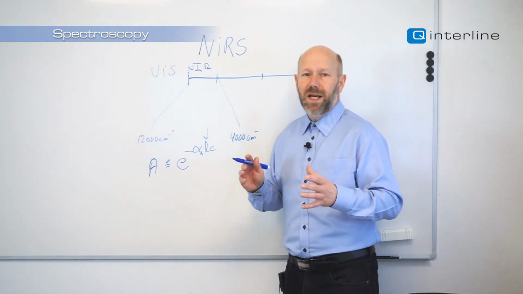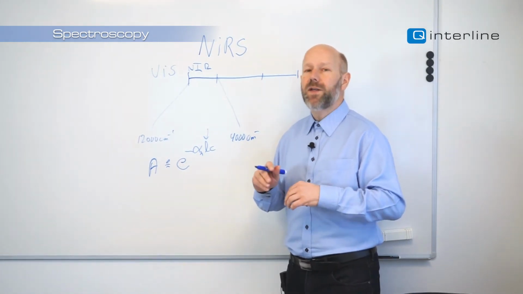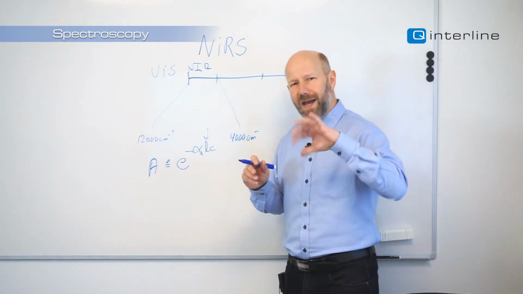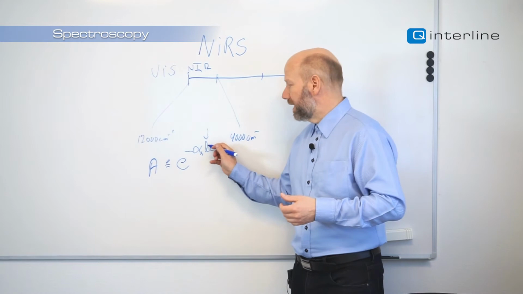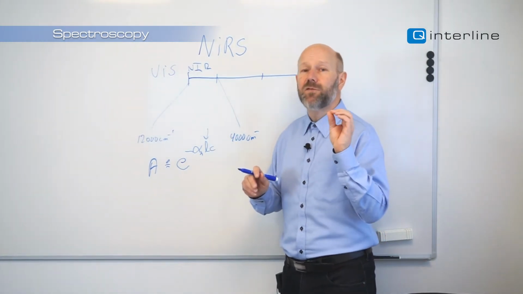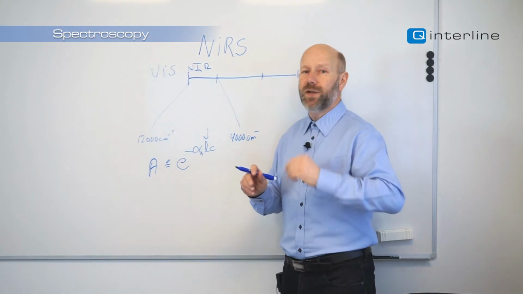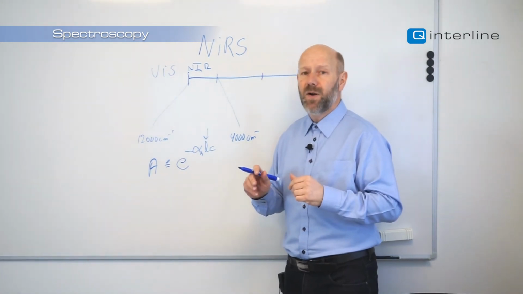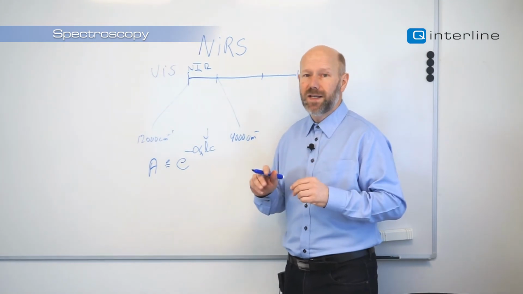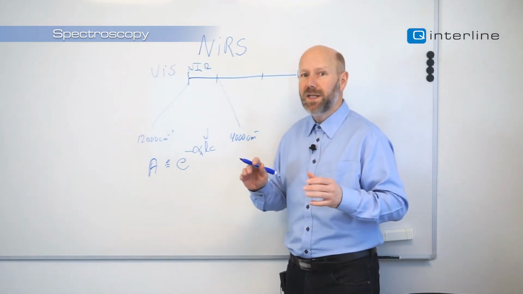The absorption in NIR is typically 1, 2, 3, 500 times lower than in the mid-infrared, but that, on the other hand, means that we can take the length, how much material we can shine light through, and go up hundreds of times. That becomes very, very practical, and I'll show you that in just a short moment.